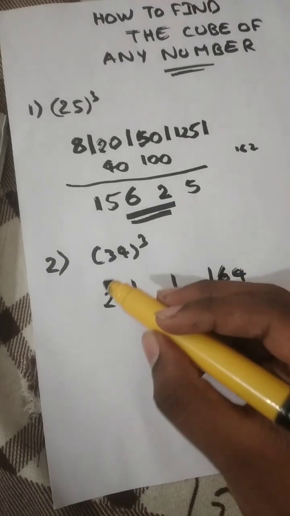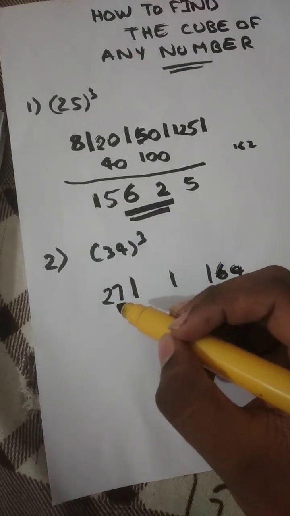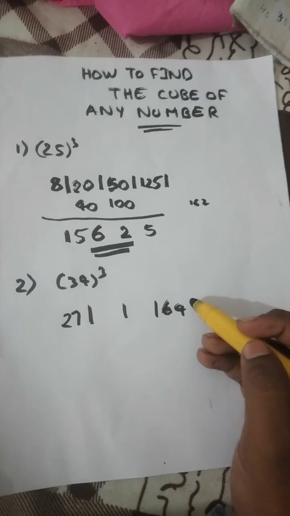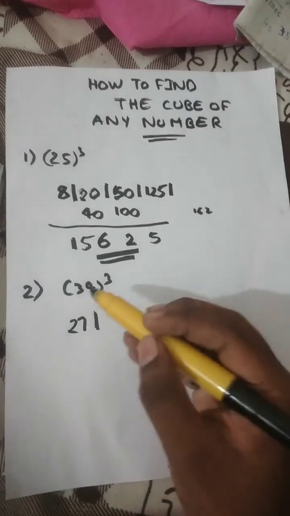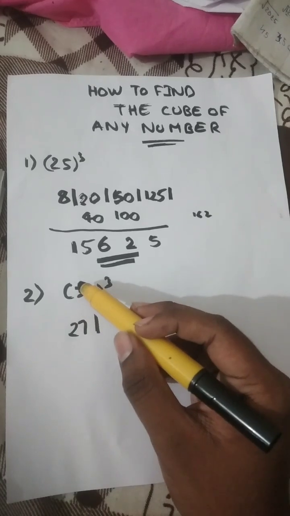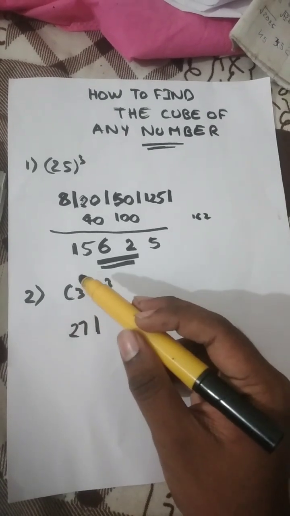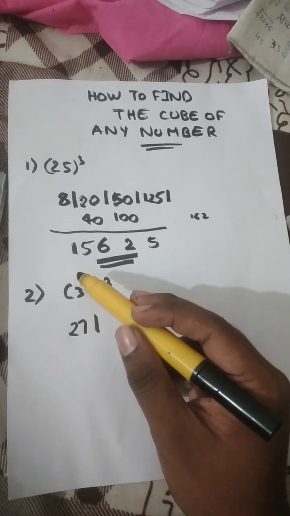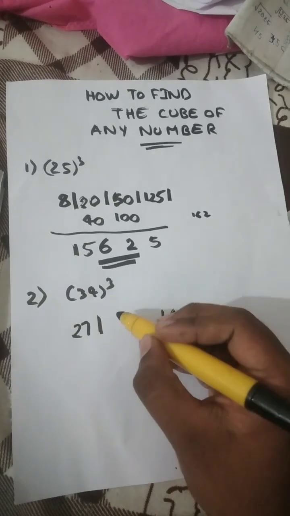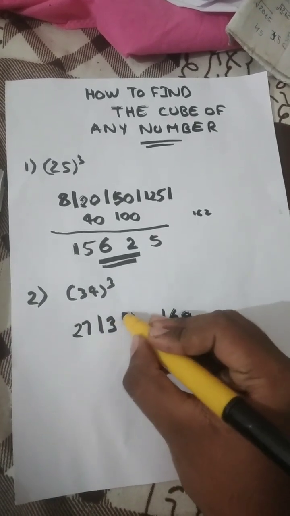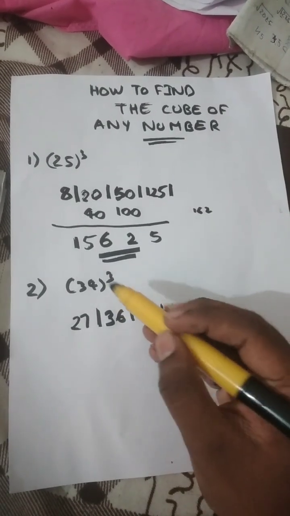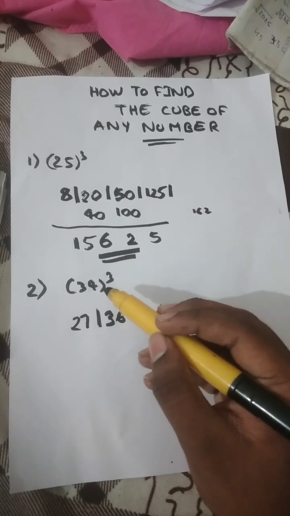Write the cube of 3 in the first column and the cube of 4 in the last column. The next step, we square the first number. 3 squared is 9, and multiply it with the adjacent number. 9 into 4 would be 36.